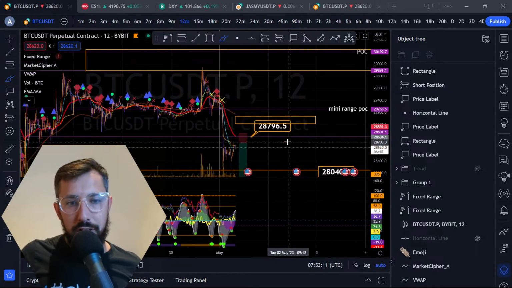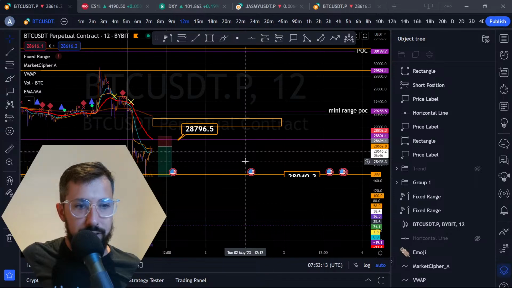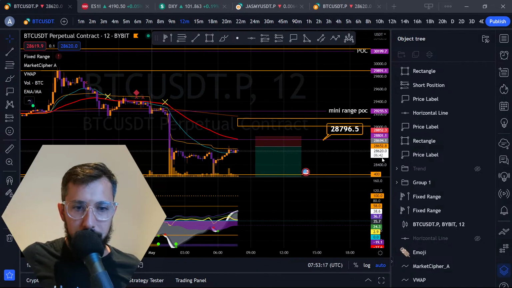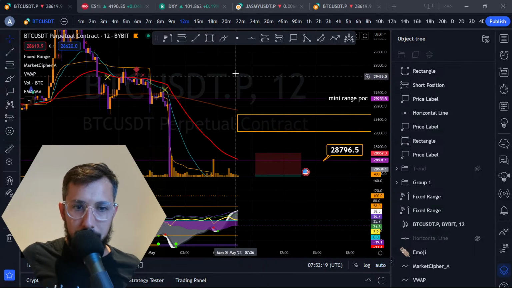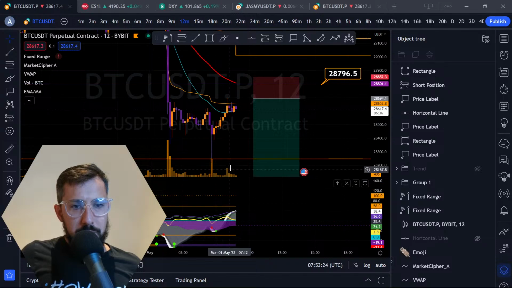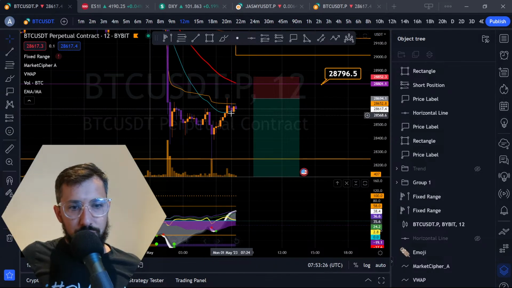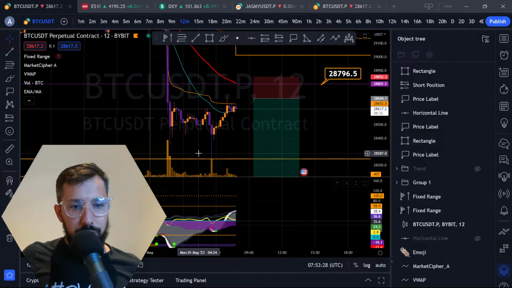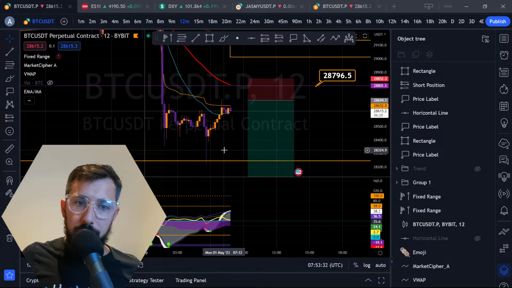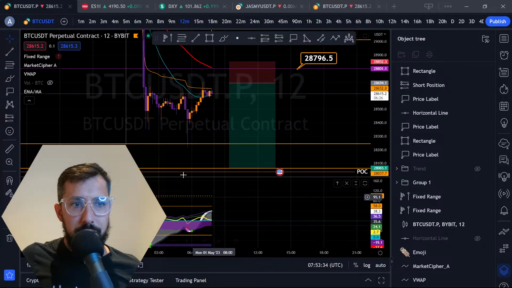As price works its way around here, we can see that it's trying to crawl back up. It's trying, right? But I think as this resets with lower volume, I don't see it having the power to push, but we will wait and find out. That's why we use good risk management.